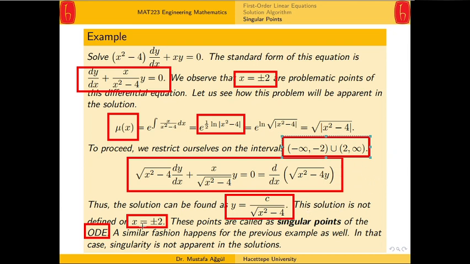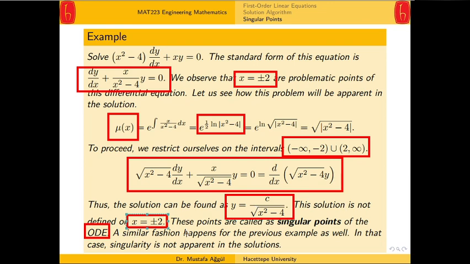But again, these points are very crucial, and the solution changes its behavior at these points. Okay, and as you see, the solution has vertical asymptotes there, and again, it's not continuous there, and it's not defined there at all. So these are the singular points of the ODE.